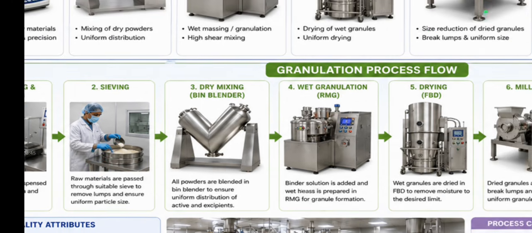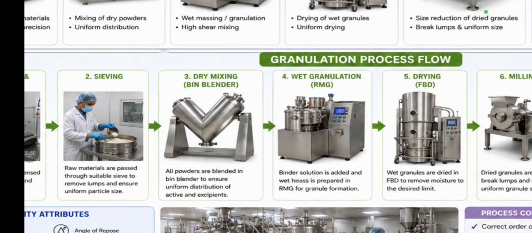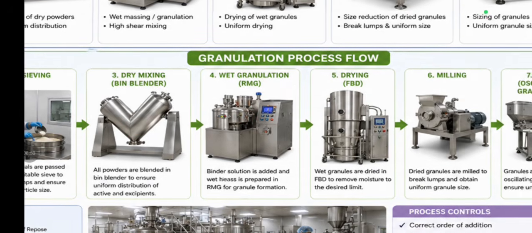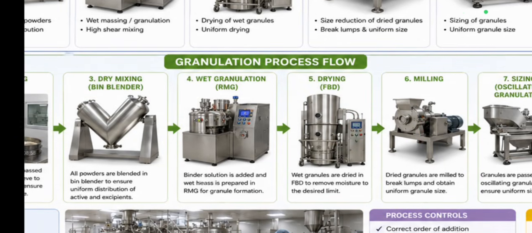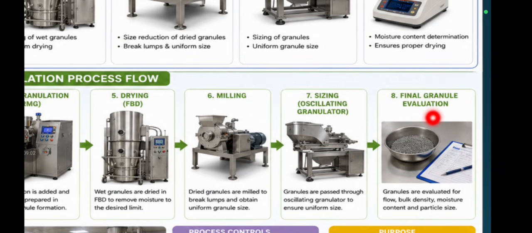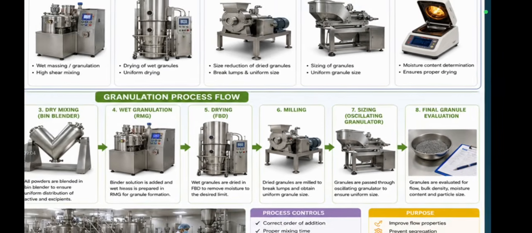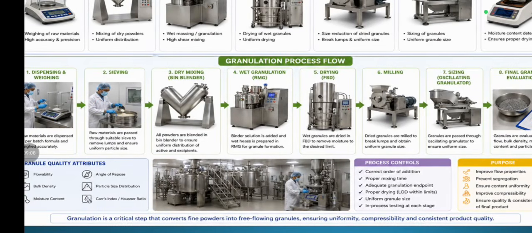Then dry mixing, that is the blender. After that it goes to the RMG, that is wet granulation. Next is the drying, that is FBD. After that milling, then sizing, and then final granulation evaluation. So this is the process of the granulation simply, as it happens in the granulation department.